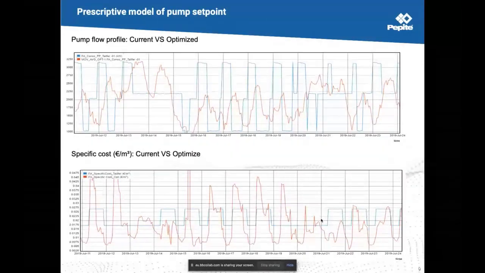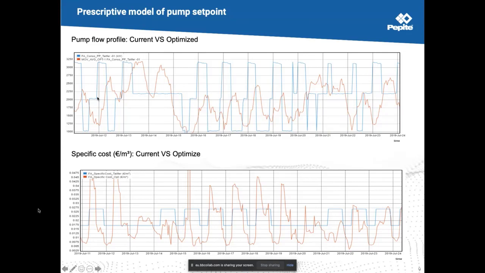Now, in terms of prescription, so what the system is doing, you see that here, the pump profile in blue, this is what is currently done by Vivaqua. By using optimization, you see that the red curve here is a completely different profile, because this profile takes into account the whole data that I talked about before.